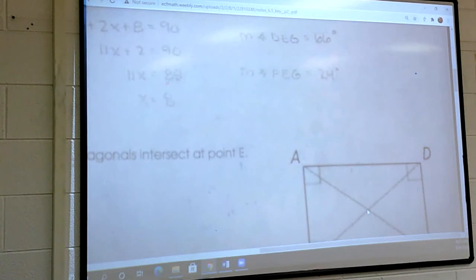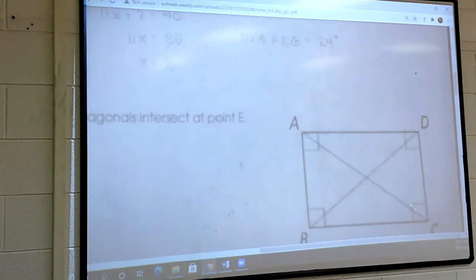So if A to E is 36, that means from here to here is 36, this little part right here, this line. If that's 36, and C to E, so the other half, is 2x minus 4, it says solve for x.